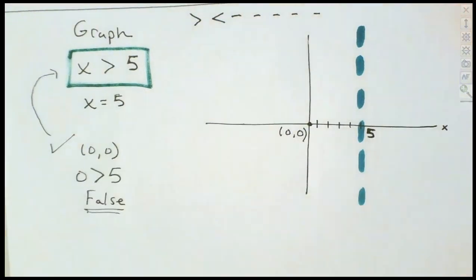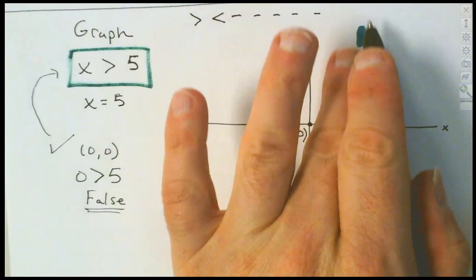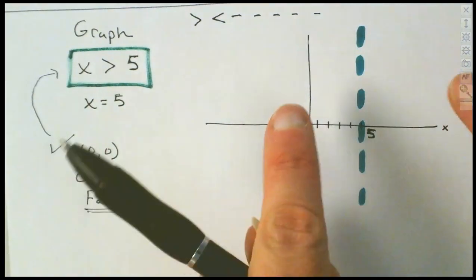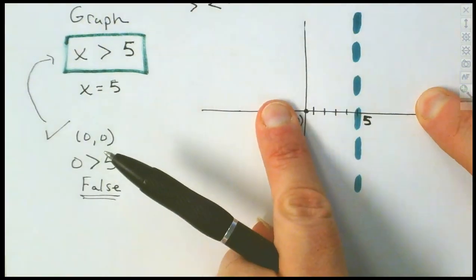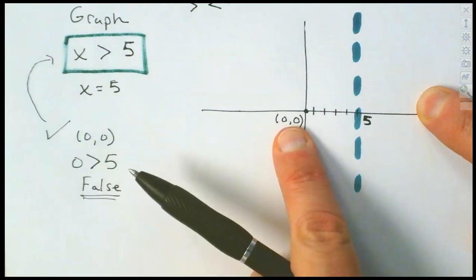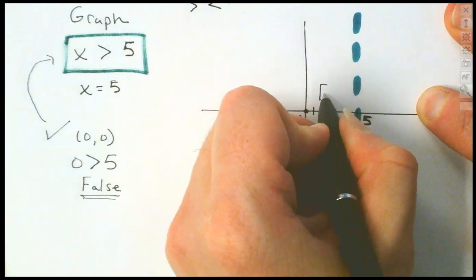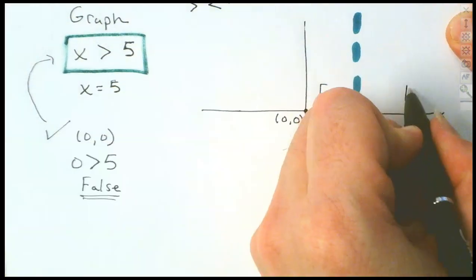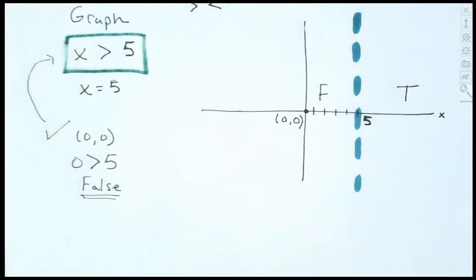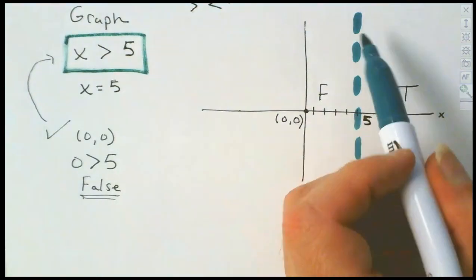Now, what does it look like? This dotted line here separates it into a left and a right half. 0, 0 is here. 0, 0 was false. So that means this half is false. The other side is true. And so where do we shade? The true side.